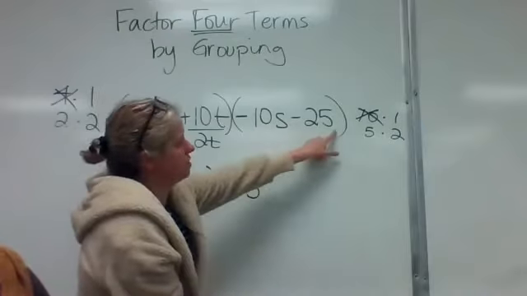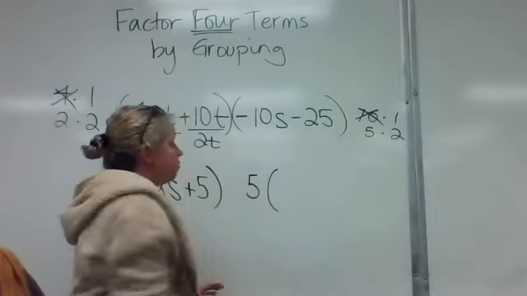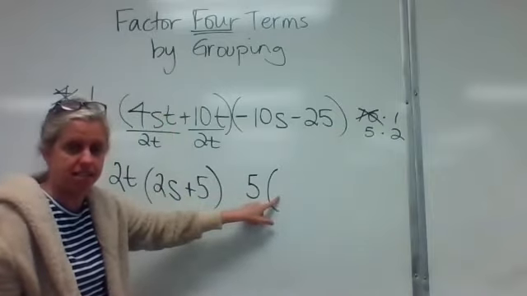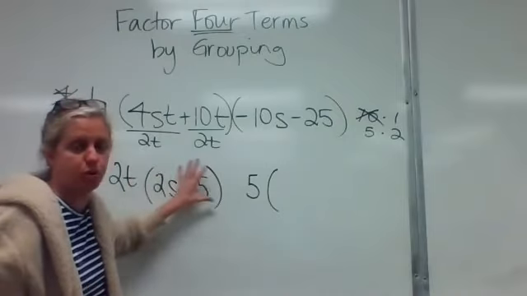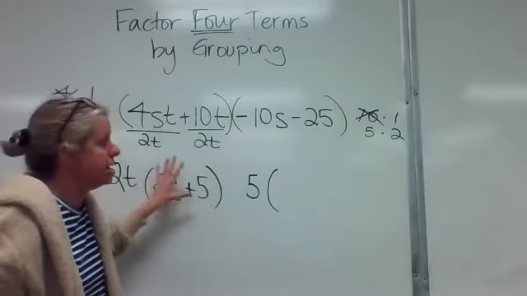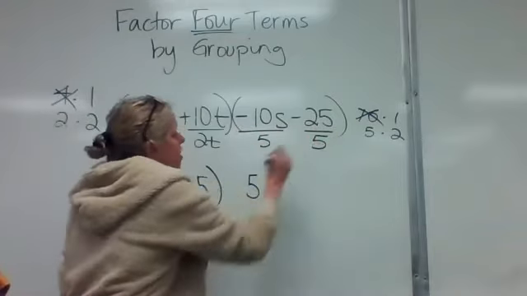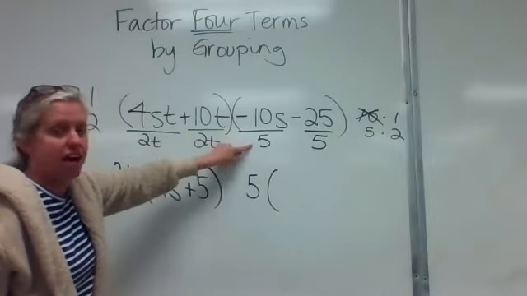And this one has an S, but this one doesn't. Here's where you're going to have to worry about the sign. Remember, what you have left in this parentheses has to be the same thing you had left in this parentheses. So check what's going to happen if I just divide those by 5. What is negative 10 divided by 5?